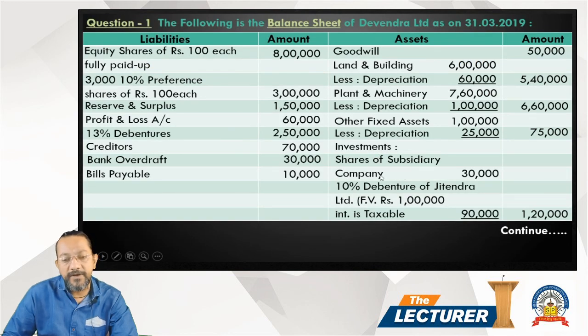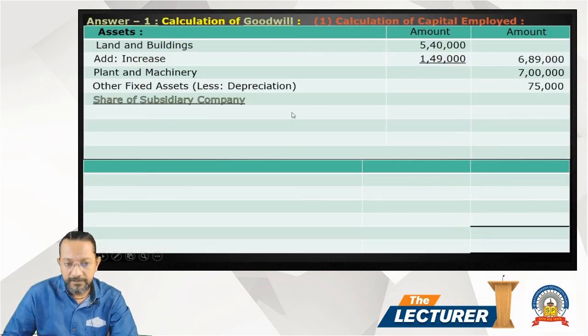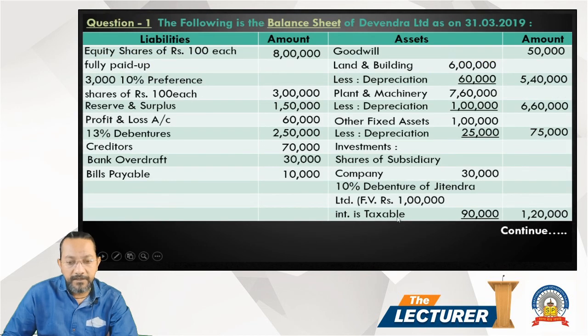Then investment. In investment, we consider only trade investment for the purpose of goodwill. So shares of subsidiary company 30,000. Then the 10% debenture is a non-trade investment. Though this is an asset, for the calculation of goodwill we cannot consider this investment and also the interest on this investment.